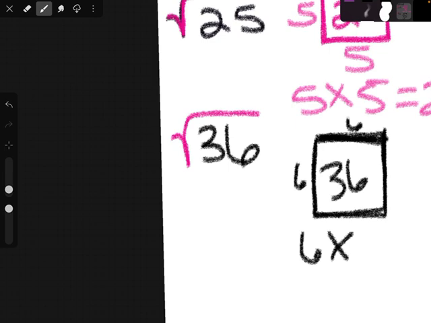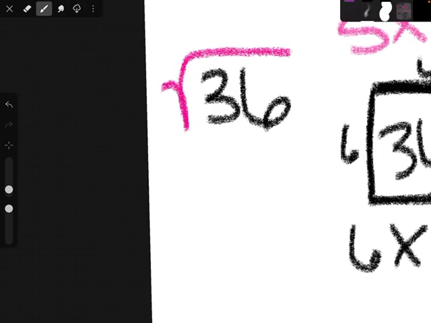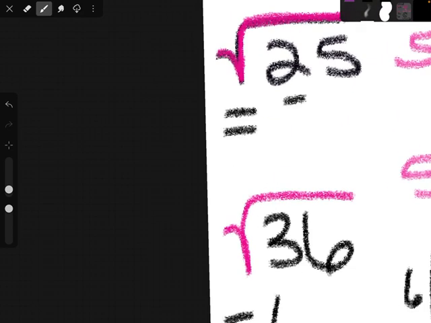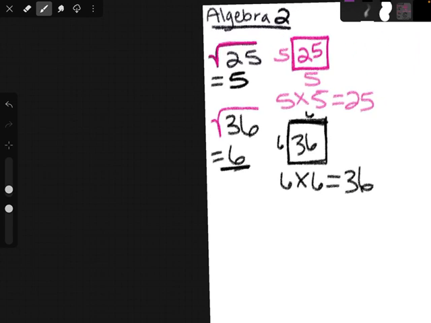This side can be 6, right? 6 times 6, because we're trying to find the area, is 36. So that's our answer. 36. Oh, my bad. It's 6. Sorry. I answer 6, because that's what's going to give us 36. And this answer is 5, because when 5 is squared, it gets us 25.